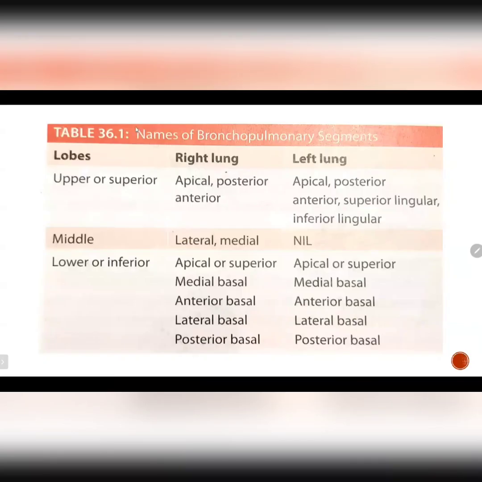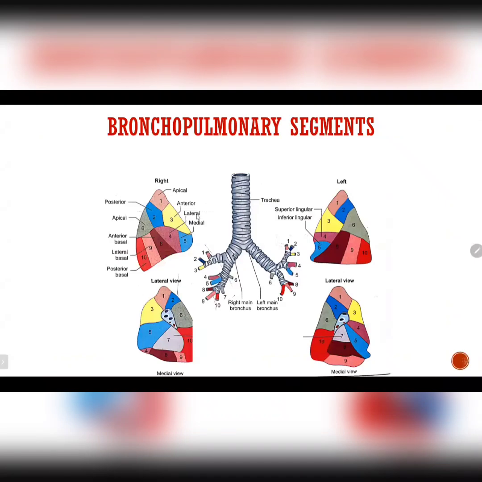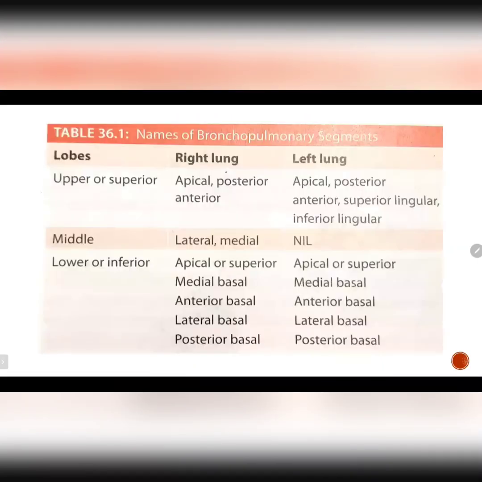In your textbook, this table will be given, but I would suggest don't try to study this table by heart. First, study the diagram. Once you study this diagram and the orientation of the bronchopulmonary segments, then this table will help you summarize.